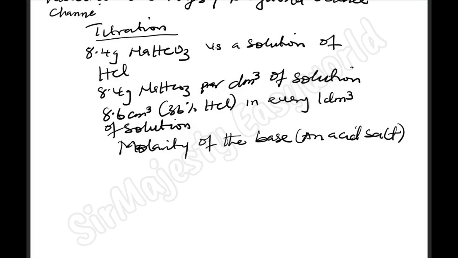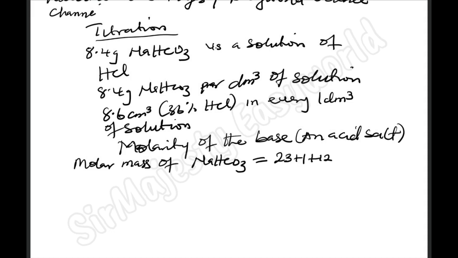First of all, we have to find the molar mass of sodium hydrogen trioxocarbonate 4, which is 84 because sodium is 23, hydrogen is 1, carbon is 12, plus oxygen is 16, and 16 times 3 is 48. When you sum up all this, you get 84 grams per mole. So the molar mass is 84 grams per mole.